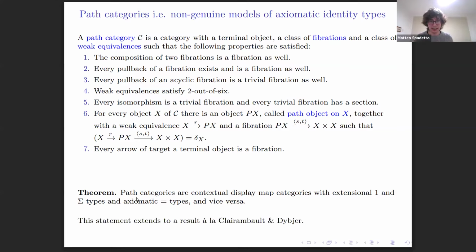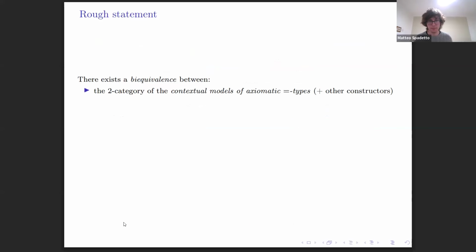Now, this result extends to a result similar to the one by Clairambault and Dybjer. I will give the rough statement.